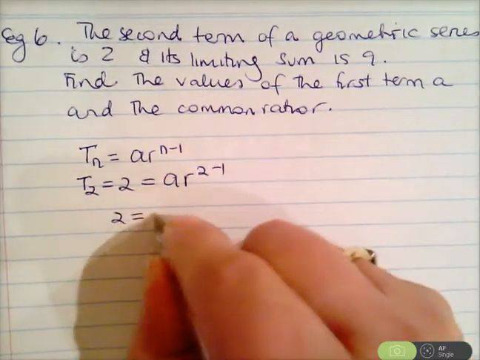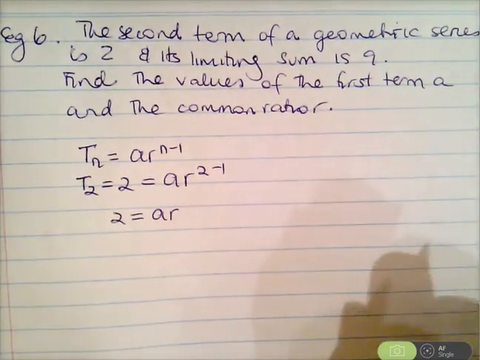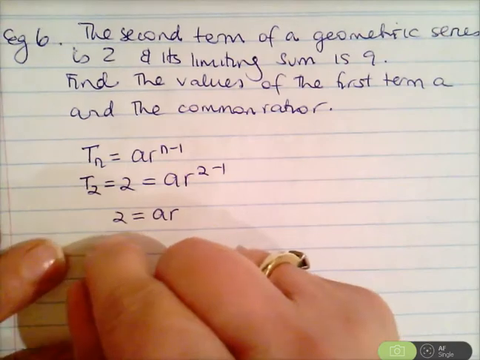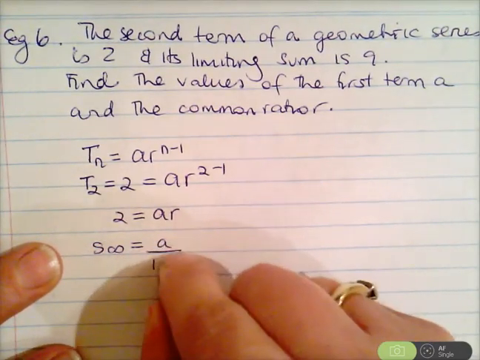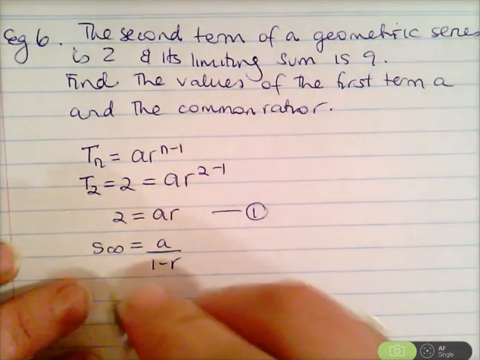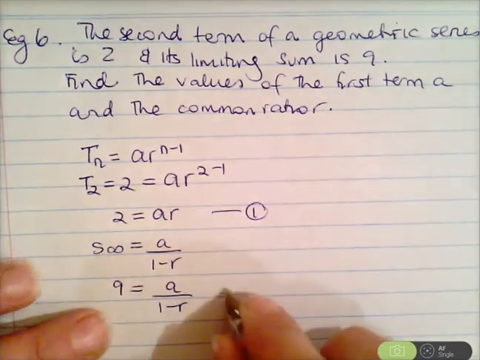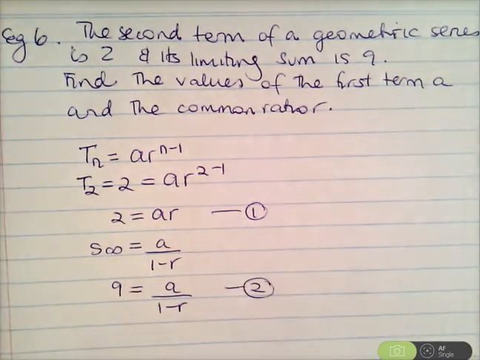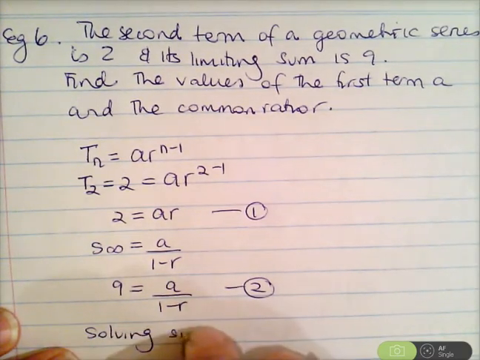In other words, 2 equals ar to the power of 1, or 2 is equal to ar. We know that the limiting sum, the sum to infinity, is a over 1 minus r. I'm going to call this equation 1. And we know that the limiting sum to infinity is 9. So 9 equals a over 1 minus r. And that's equation 2. So we're going to solve simultaneously.